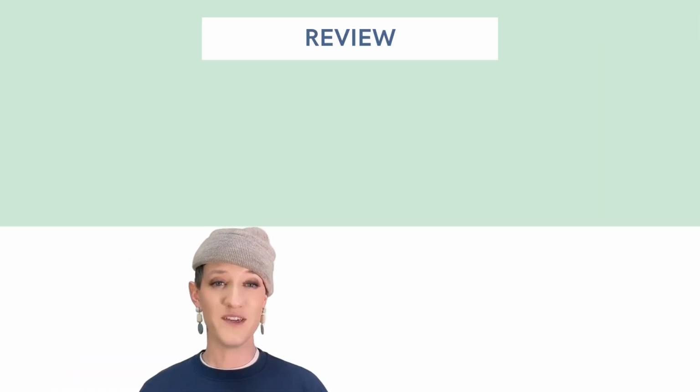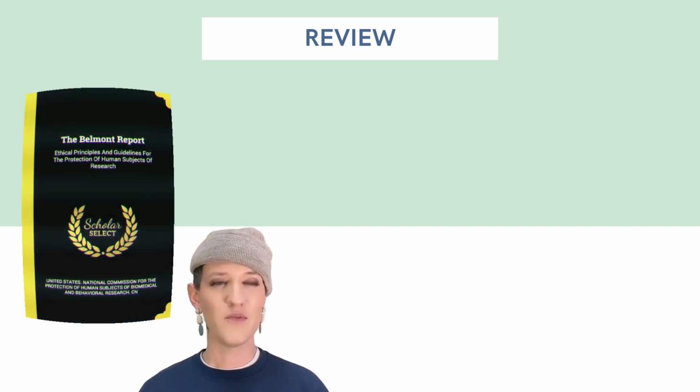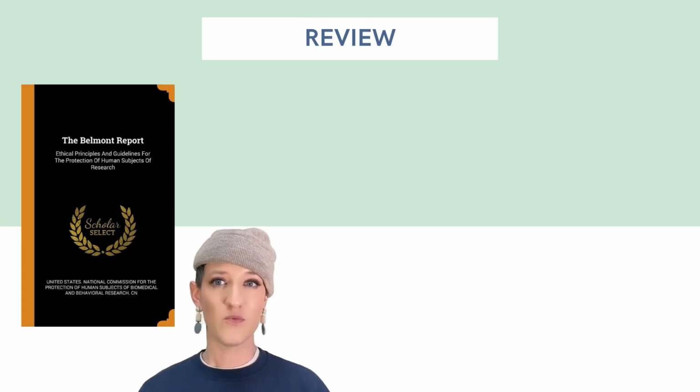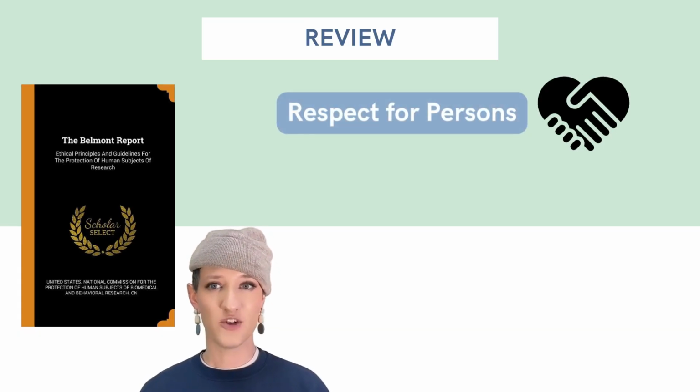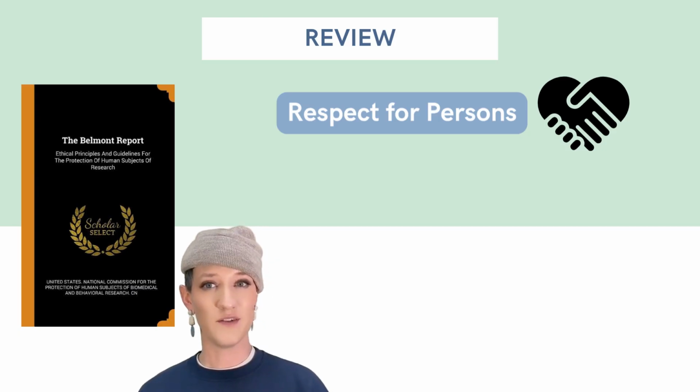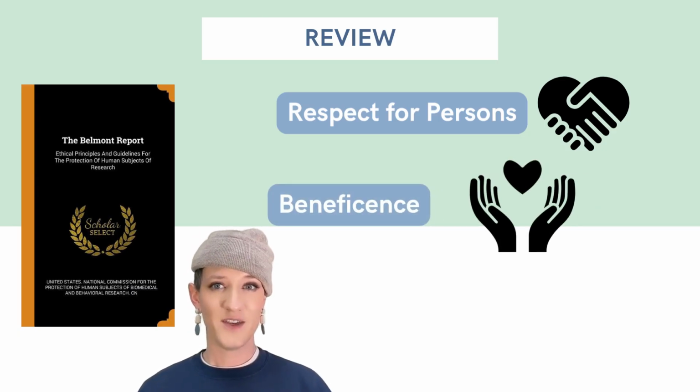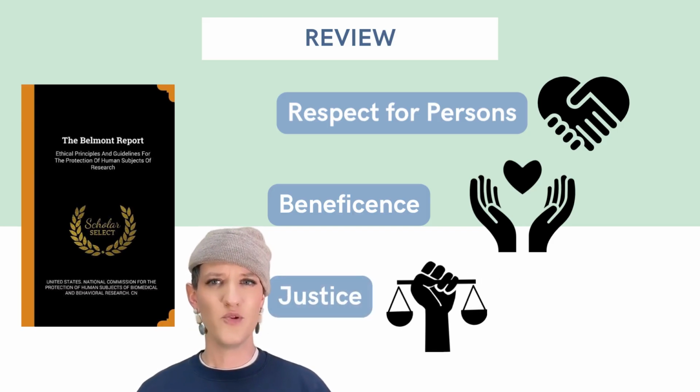In Module 3, we talked about research ethics. We learned that ethical research is guided by 3 key principles from the Belmont Report: respect for persons, making sure people understand the research and choose freely whether to join; beneficence, doing good and avoiding harm; justice, making sure the people who participate in research also benefit from it.